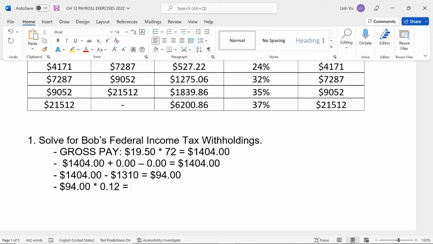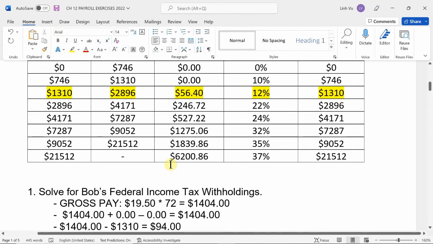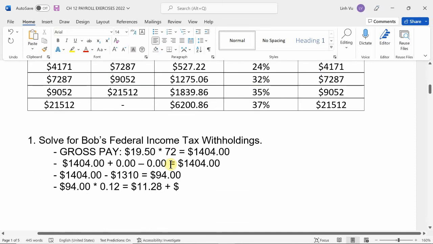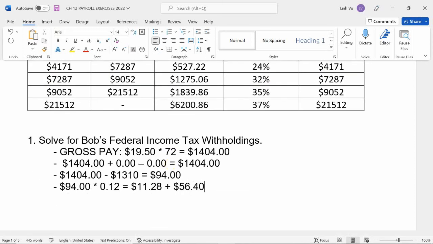It's $11.28. That is how much in excess he's going to be taxed. The last step for step 3 is to add the amount that he's going to get taxed anyway from the government, $56.40.